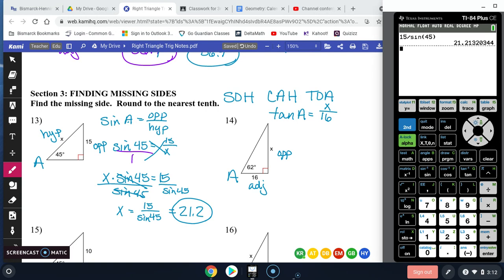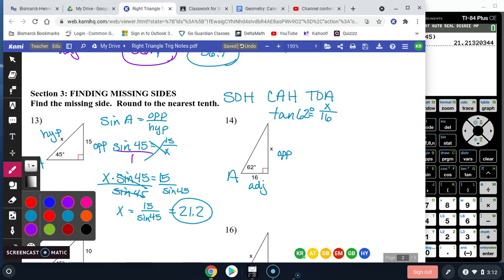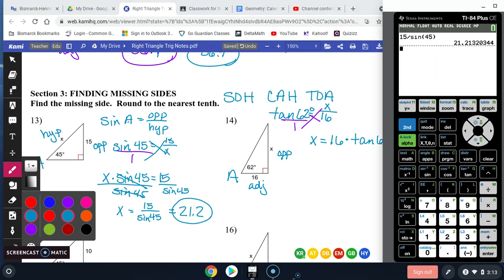For angle A here, I'm going to put in my angle measure, 62 degrees. Again, I'm going to put this over 1 and cross multiply. This time when you cross multiply, you have x times 1, so x equals 16 times tangent of 62 degrees.